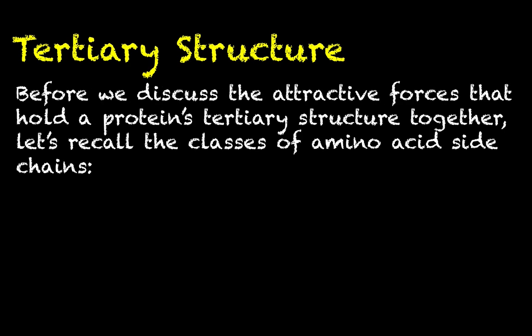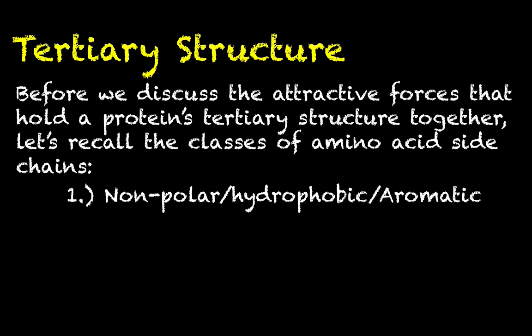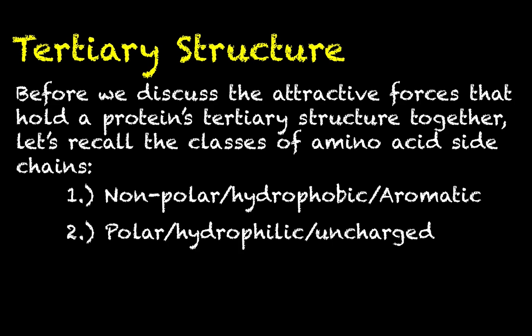So before we start discussing the attractive forces that hold a protein's tertiary structure together, let's talk one more time about the classes of amino acid side chains that we talked about in the previous video. You have the nonpolar or hydrophobic amino acid side chains, and we'll go ahead and lump the aromatic ones in here as well. You have the polar, hydrophilic, but not completely electrically charged amino acid side chains.